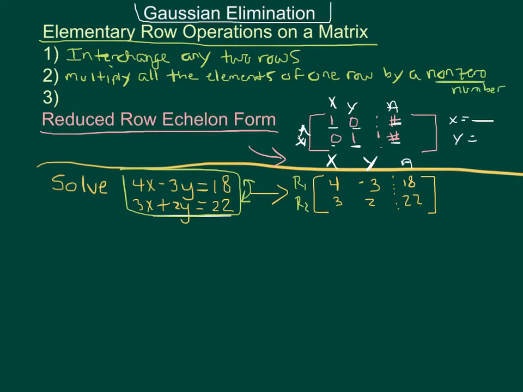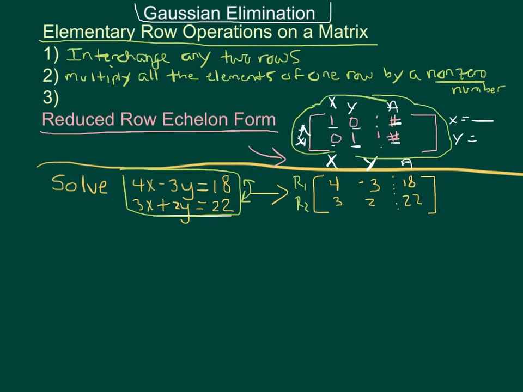It has to be non-zero, because if I multiplied the top row and the bottom row by 0, I would just get zeros everywhere, and that doesn't reveal any information about what x and y are. But I can multiply them by 2 or 3 or any other number besides 0, and it won't change what x and y end up being. In other words, it's not going to change what this final answer matrix is going to look like.